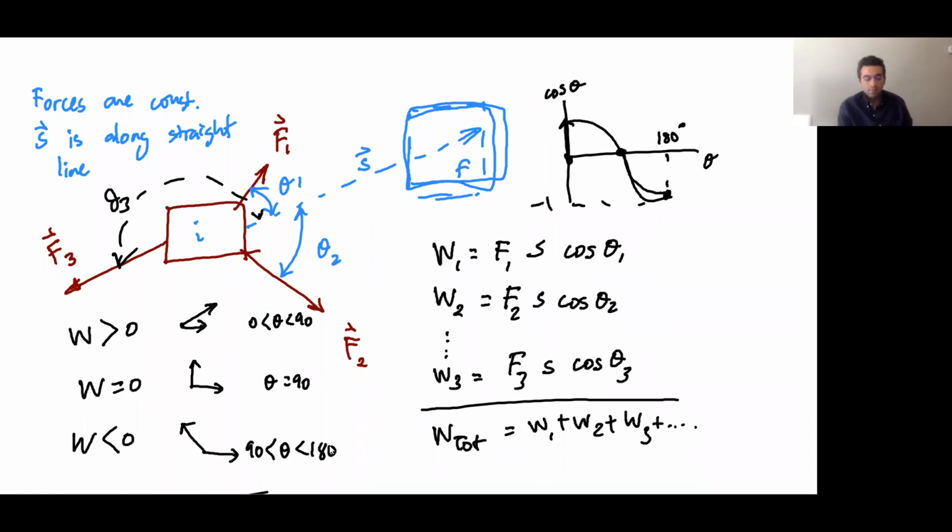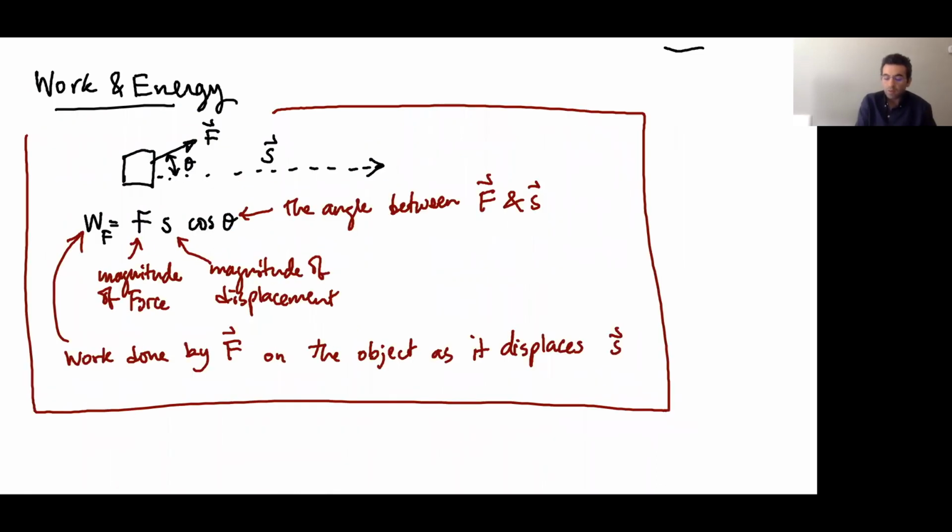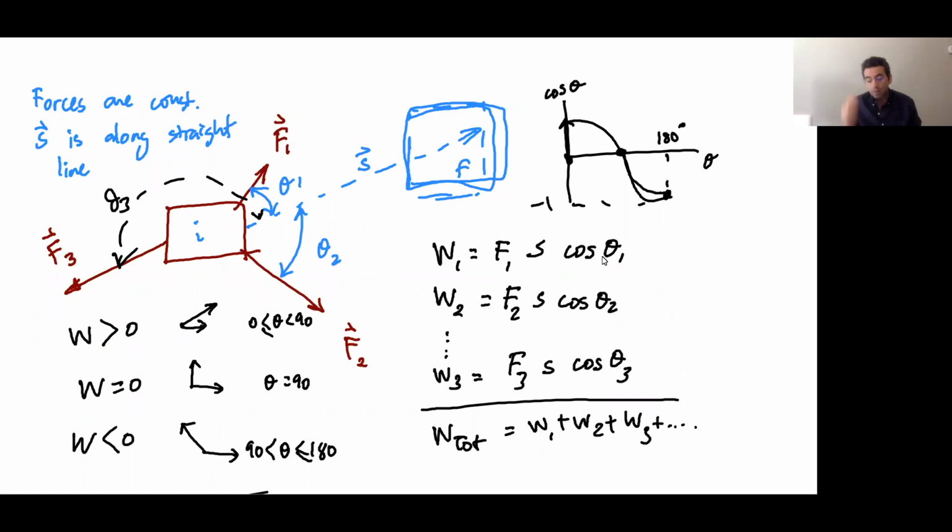If theta is exactly 90, then the work would be 0. If theta is somewhere between 90 and 180, then the work would be negative. So the work is a scalar quantity, so it could be positive, negative, or 0 with units. It's called joules.